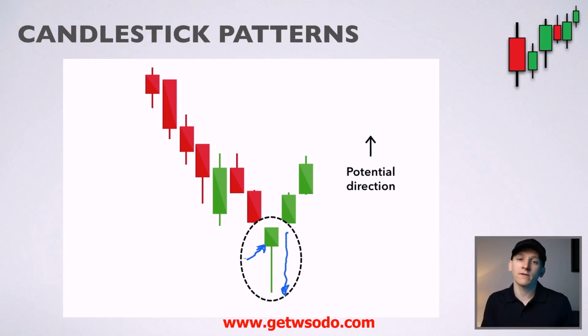But we know because it's a green candlestick, the close is higher than the open. So what's happened is that during this time period, buyers have come in and just forced the price up, right? So we know that at the start of the time period, sellers came in and forced it down, but at the end of the time period, buyers have eventually come in and forced this price right back up, and it actually finishes right here.